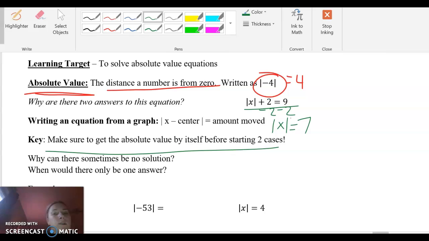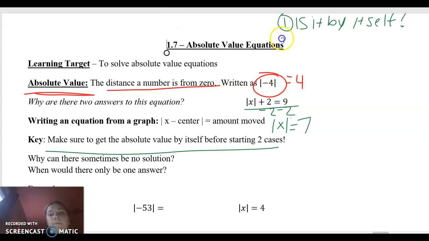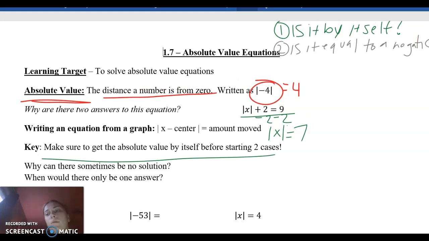Number 2, the question that we want to ask ourselves: is it equal to a negative?